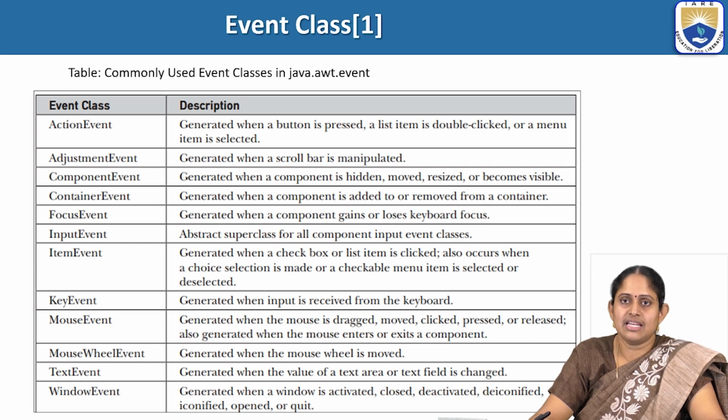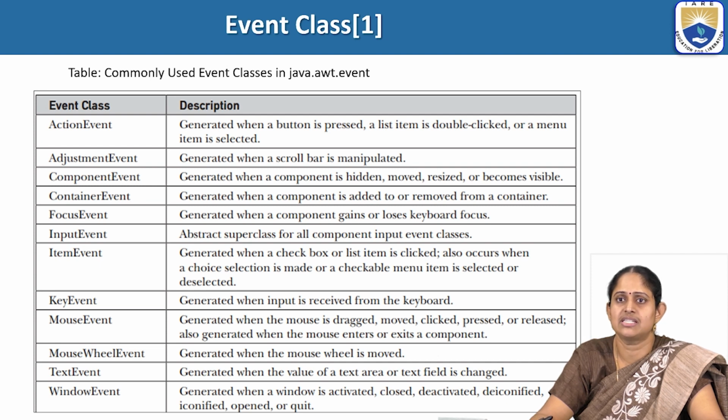Item event is generated when a checkbox or a list item is clicked. It also occurs when a choice selection is made or a checkable menu item is selected or deselected. Key event is generated when input is received from the keyboard. Mouse event is generated when the mouse is dragged, moved, clicked, pressed, or released, and also when the mouse enters or exits a component.